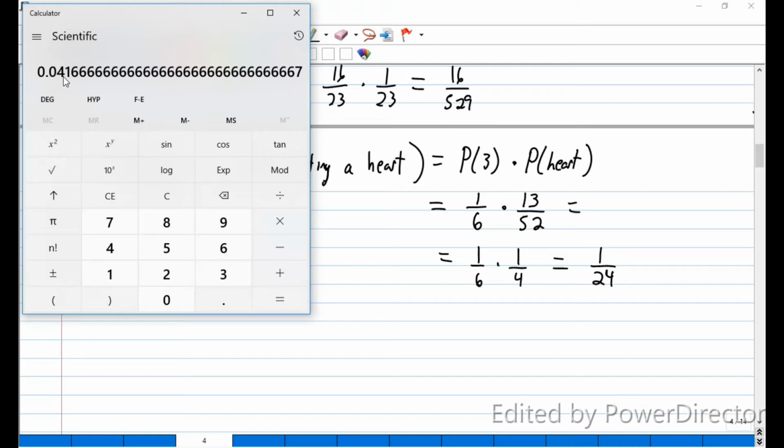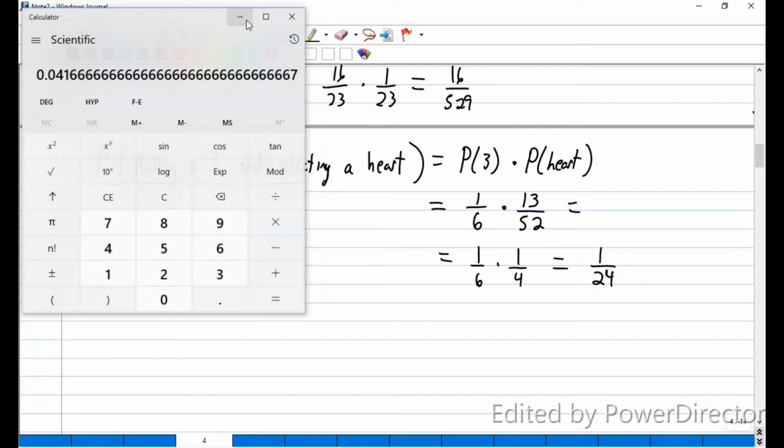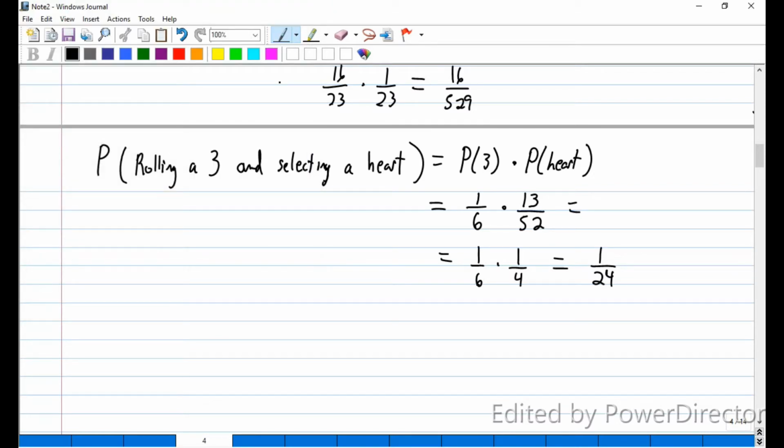So it's only going to happen about 4 times out of every 100 times you do it, or about 1 time out of every 25 times you do it. Will you roll a die and get a 3, and then if you have your deck of cards, randomly pick a card and get a heart? Now, it may happen on the first try, but more than likely it's not. It's just a little over 4% chance.